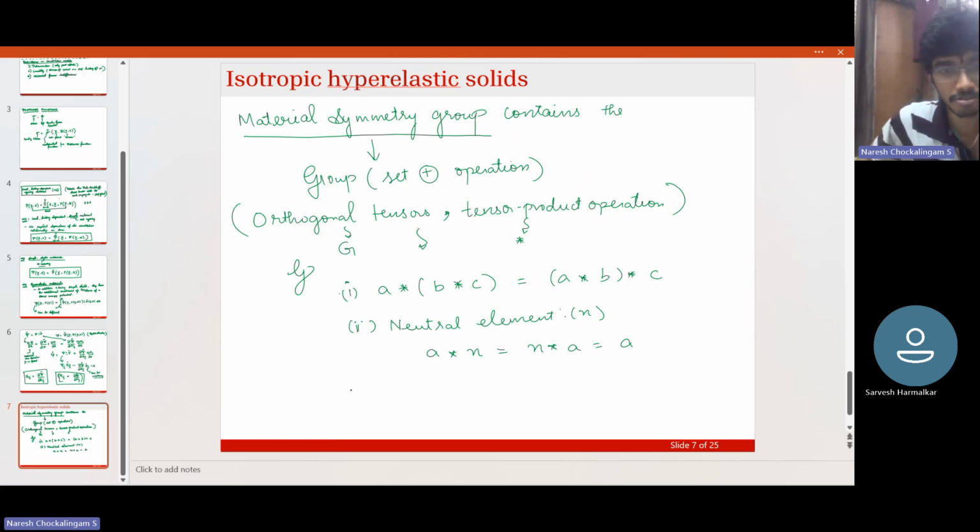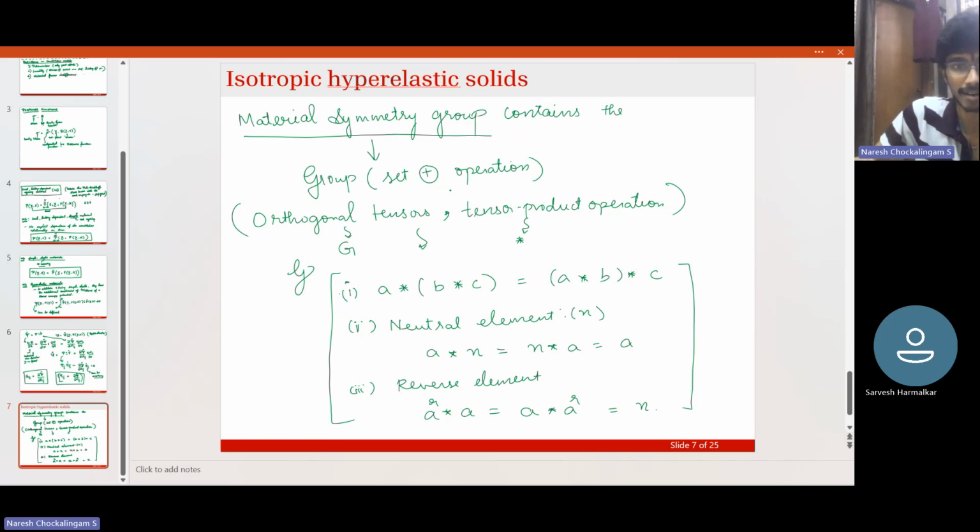And the third thing is there should be an inverse element. There's an element A inverse such that when acting on A, and when A acts on A inverse, it gives the neutral element N. When these conditions are satisfied, this is called a group.